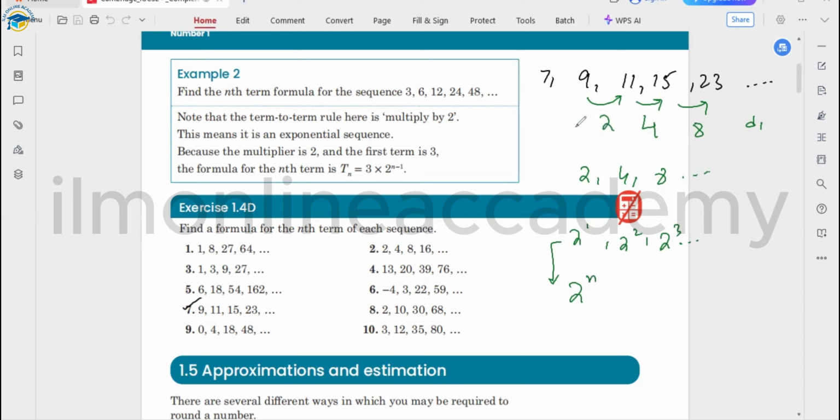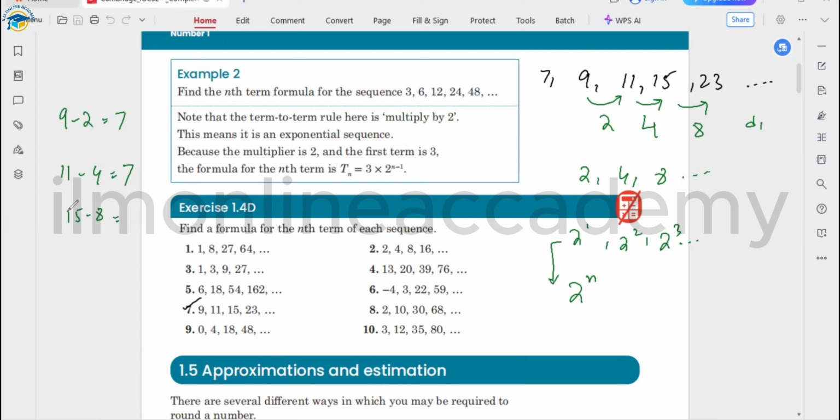If I check, my first number is 2, and the first number over here is 9. So 9 -2 will be 7, 11 -4 will be 7, 15 -8 as well. Yes, one by one we need to check the differences.